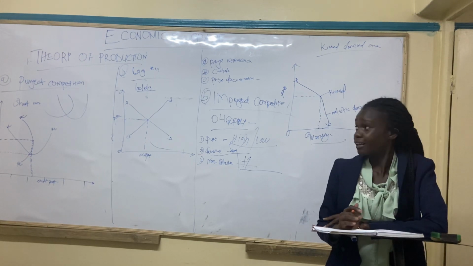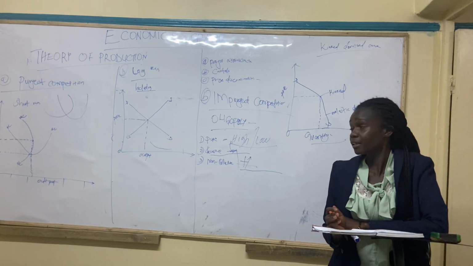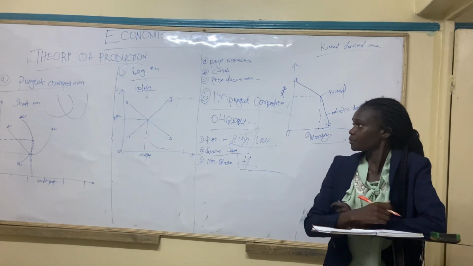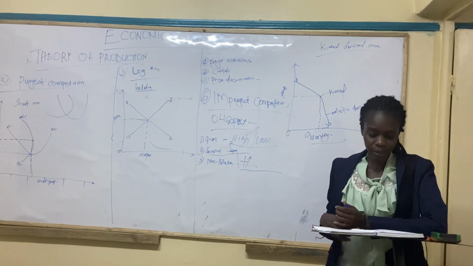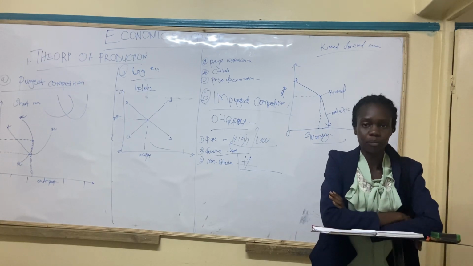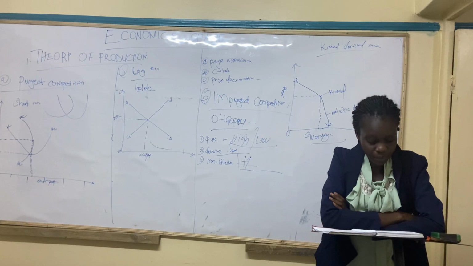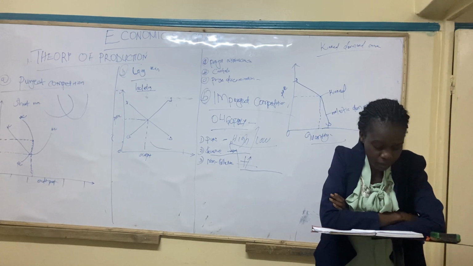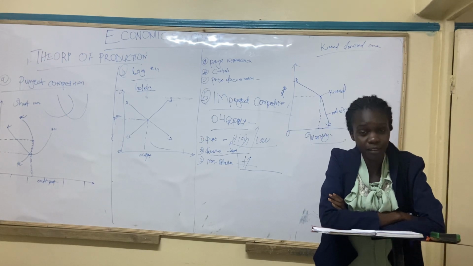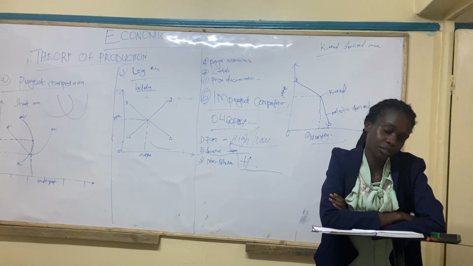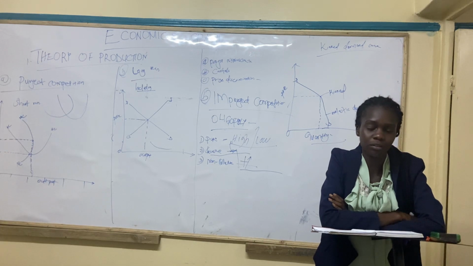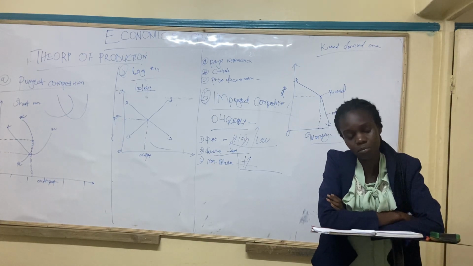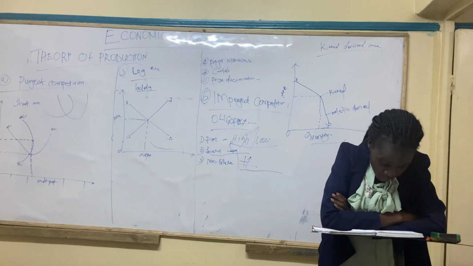So we are done with topic number 3 in economics, theory of production, and we are going to discuss topic number 4. Topic number 4 is about national income, which is generally the income of a nation or global income.